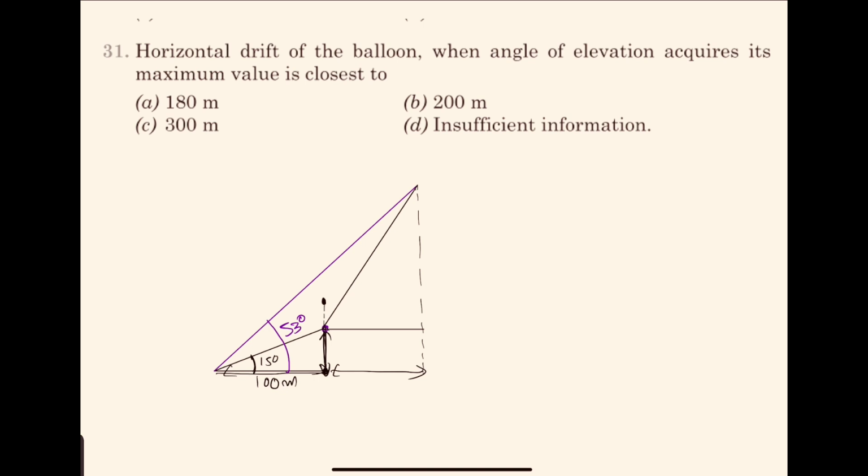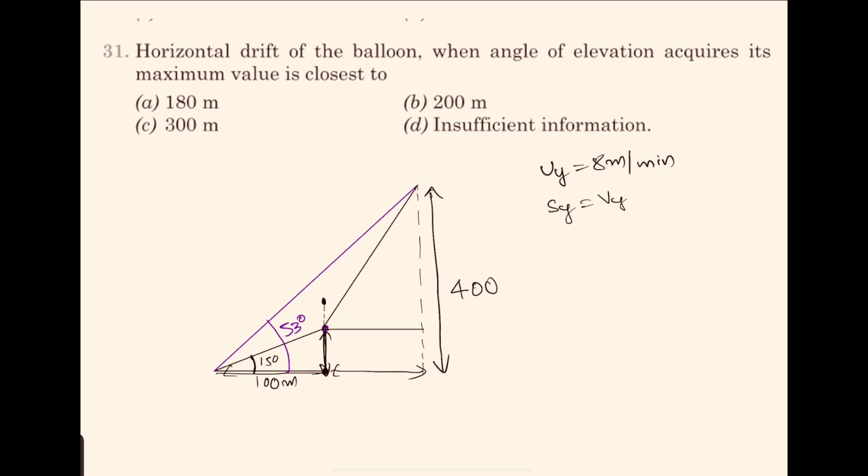That velocity of ascent we have calculated earlier. That was 8 meters per minute. So we know this height. This height is 400, because Sy will be velocity into time. So 8 into 50 gives us 400.